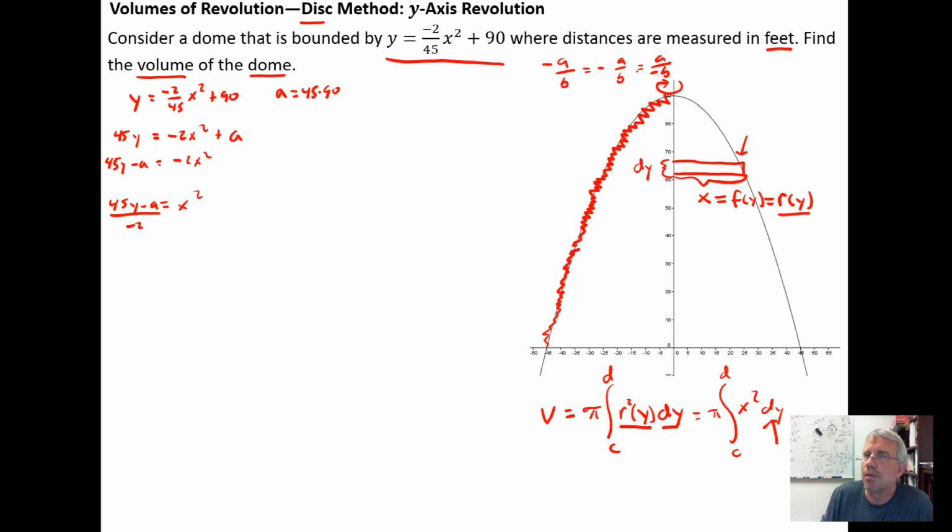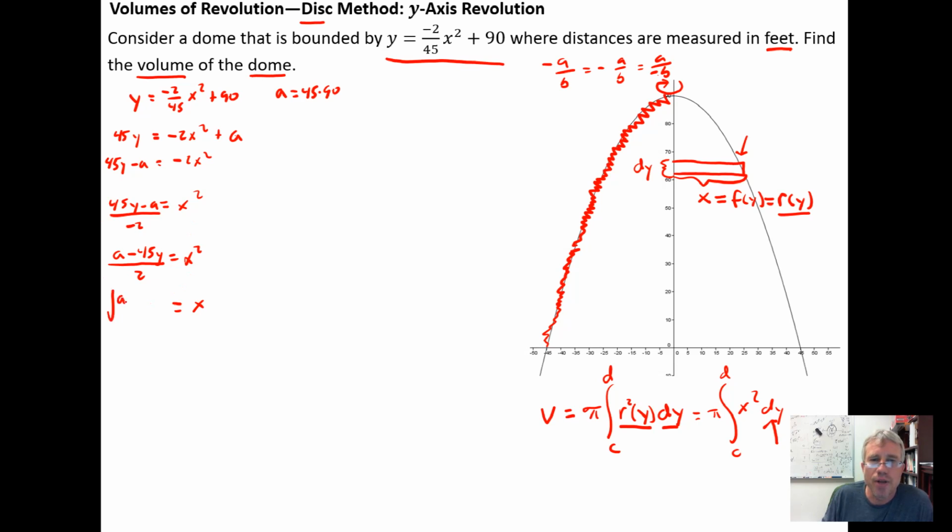That negative sign can be moved pretty flexibly. So if we bring the negative up and distribute it, we wind up with a minus 45y in the numerator, all over a positive 2, equaling x squared. And then, of course, to solve for x as a function of y, we would take the square root of both sides.